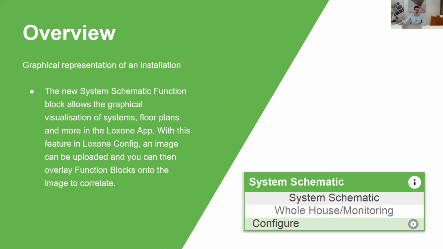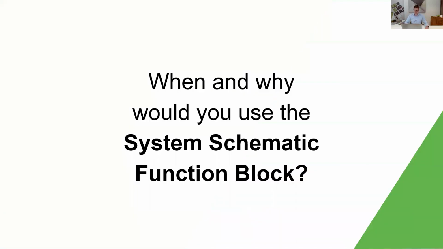So we can upload an image and we can overlay function blocks, and in fact actually anything that can be visualized. So we could overlay specific function blocks like lighting controllers, room controllers, climate controllers, etc. We could even overlay just inputs and outputs on the system as well. Anything that can be visualized, we can overlay on an image.